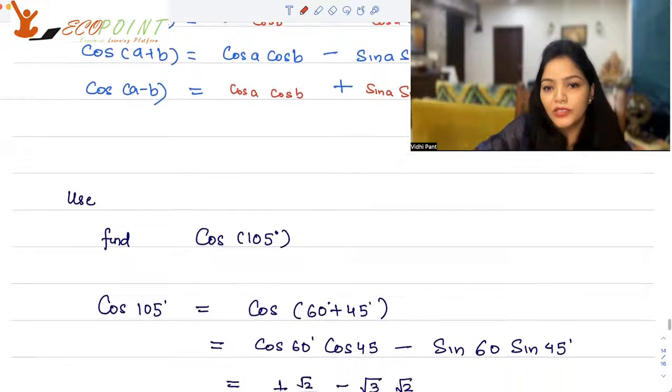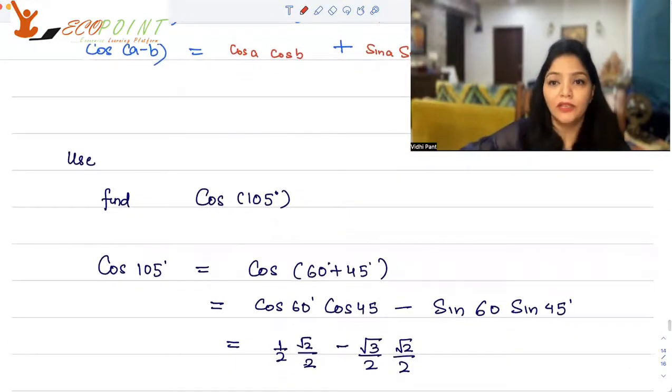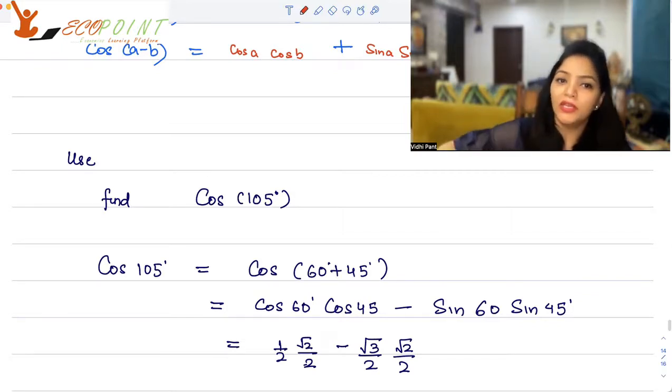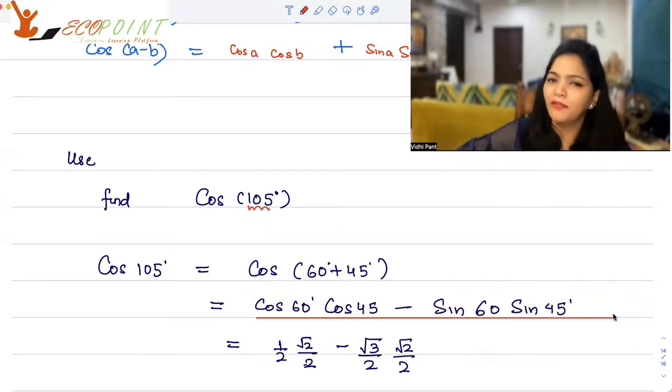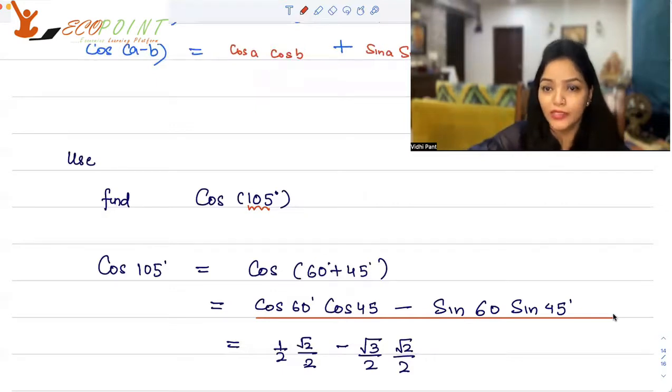How can you use it? It's very simple. In case you have to find out cos of 105 degrees, it's easy to break it into terms that you are aware of. You are aware of 60 and 45 for cos. So you can break it as cos of 60 plus 45, and now you can use the formula. Apart from other cases where you do use these identities whenever required.